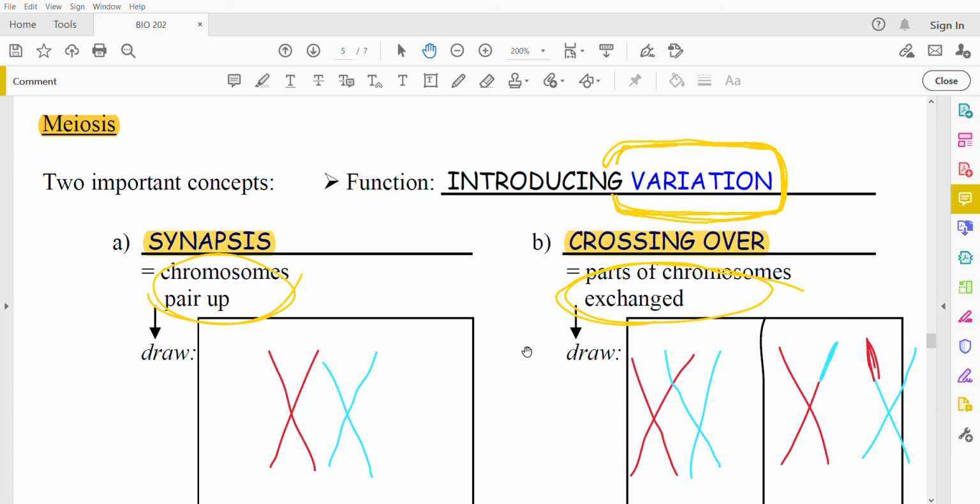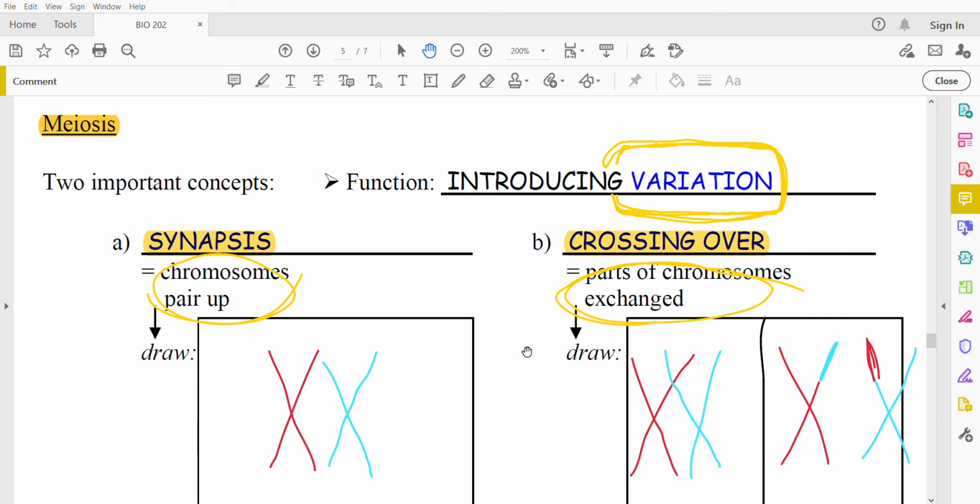But you want to know synapsis as chromosomes pairing up next to each other, and crossing over being this process where parts of the chromosomes are exchanged, and as a result, we are left with chromosomes that have mixed up parts between each other. And in reality, crossing over doesn't just happen in one spot at one time.